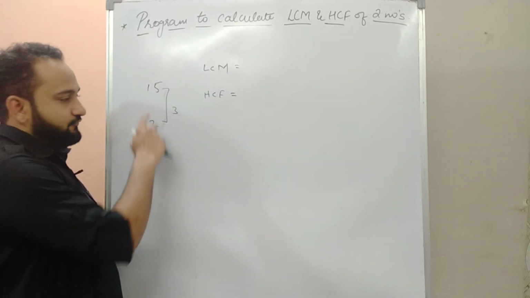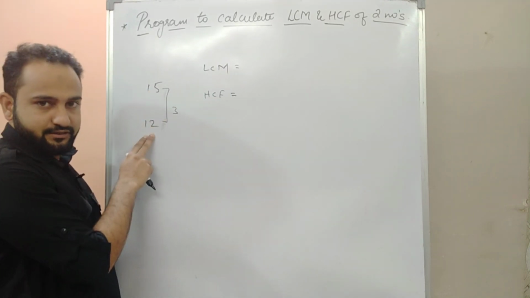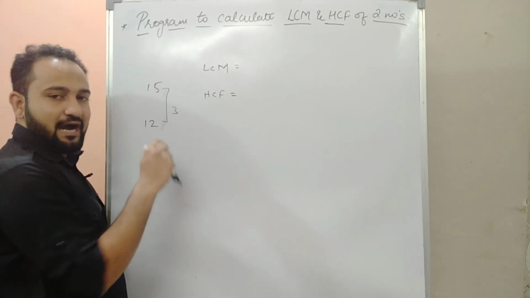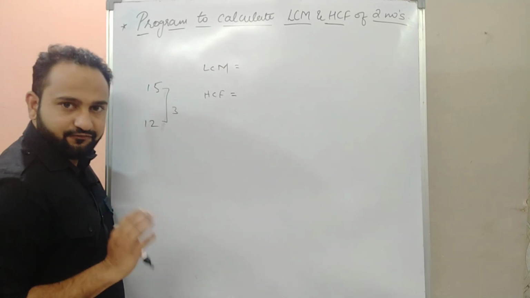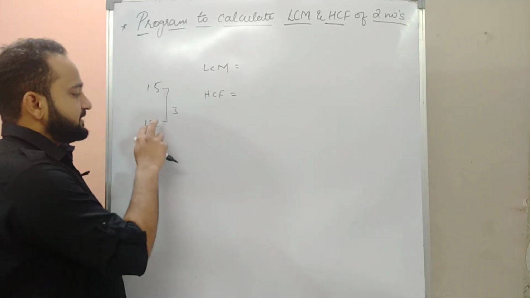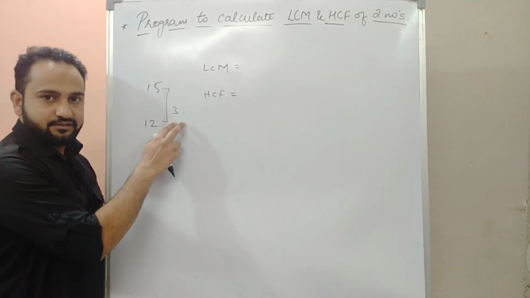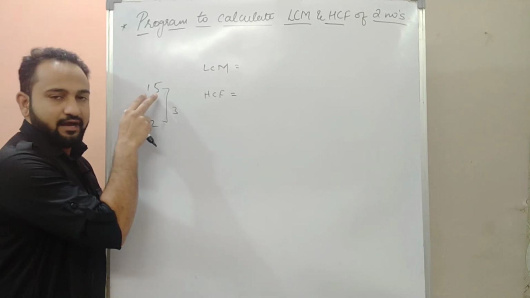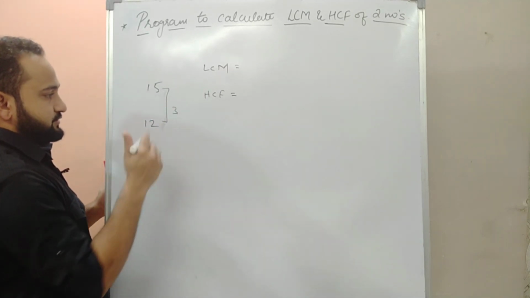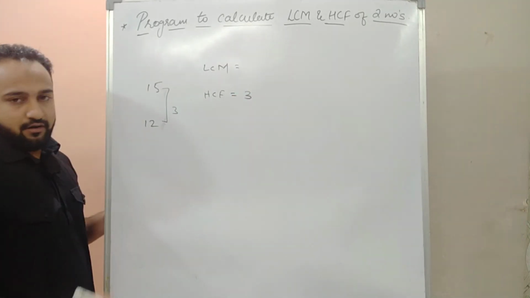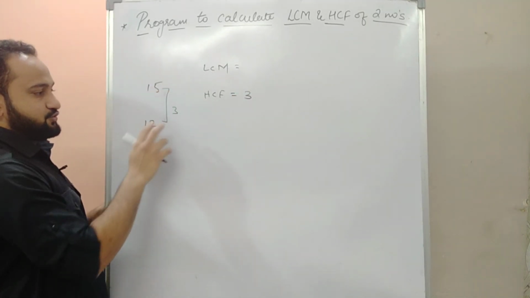HCF of two numbers, if I have 15 and 12 as two numbers, is the highest number which can divide both 12 and 15. So 3 is the highest number which can divide 12 and 15. That is what my highest common factor of these two numbers is.